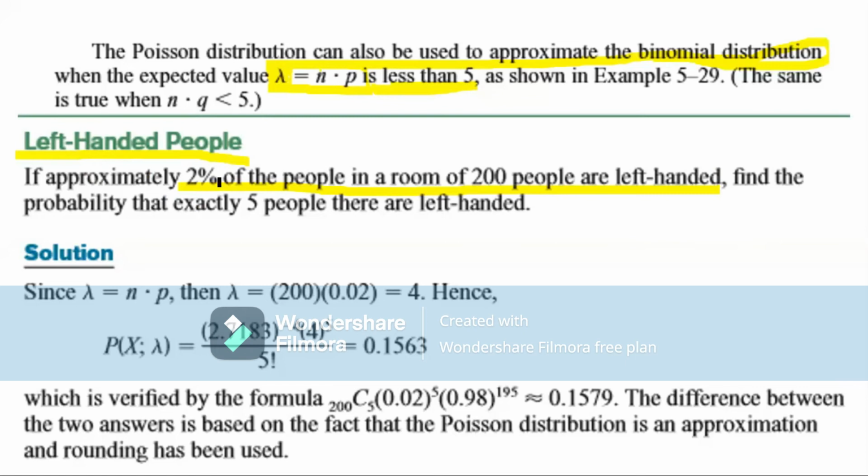Find the probability that exactly 5 people there are left-handed.